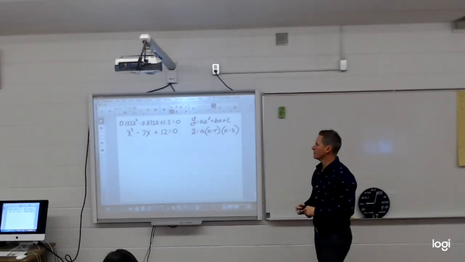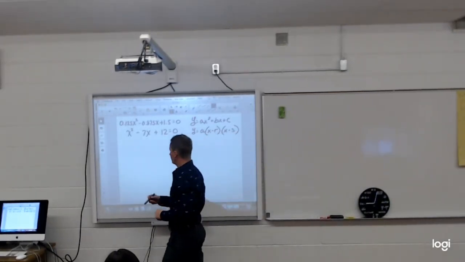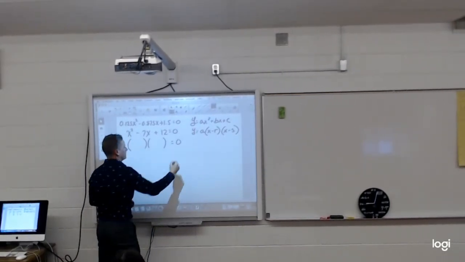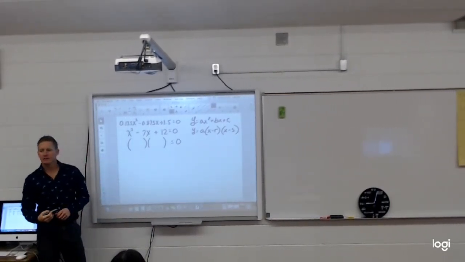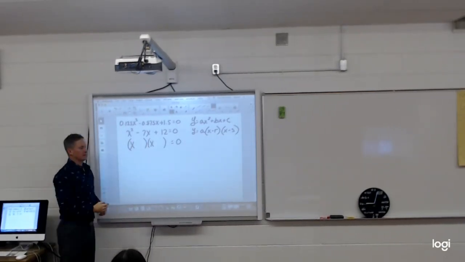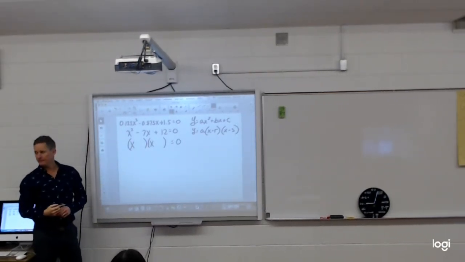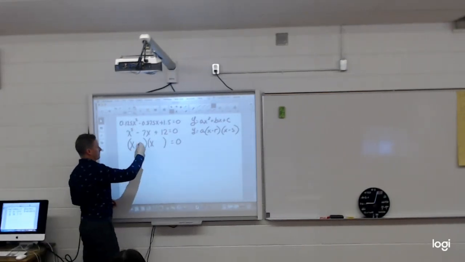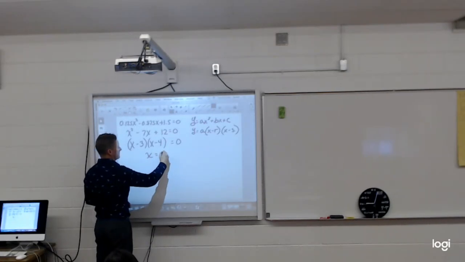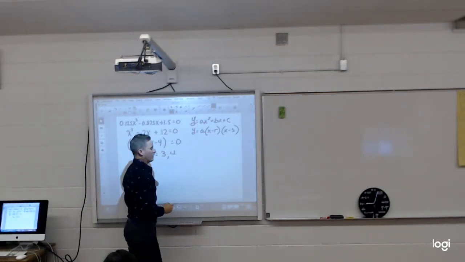Now I have it into a manageable, factorable equation. Two sets of brackets. Factors of x squared: x and x. Negative 3 and negative 4. Therefore, x is equal to 3 and 4.